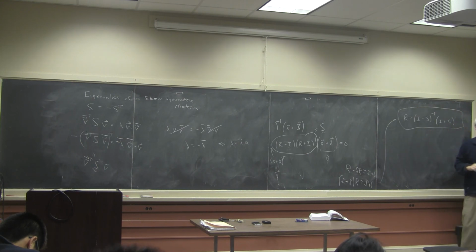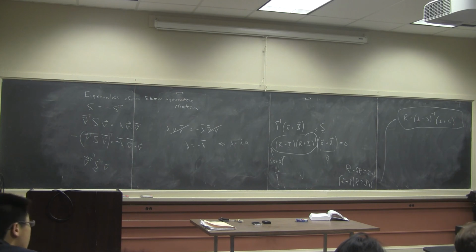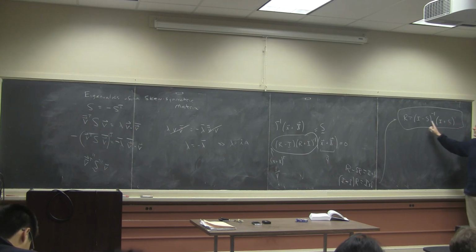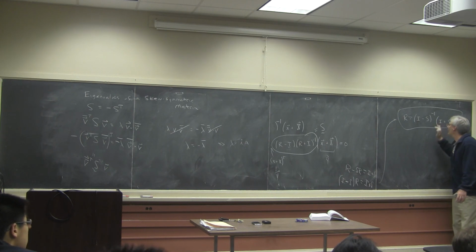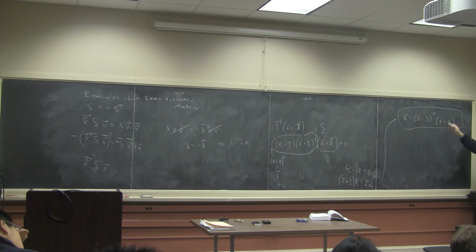Before we were talking about exponentiating a skew-symmetric matrix; this says that if I give you any skew-symmetric matrix S, and I take I plus S and multiply it by the inverse of I minus S, that would be a rotation matrix. That is kind of surprising, at least to me, that you can just take this skew-symmetric matrix and do this and you will be guaranteed to get a rotation matrix.